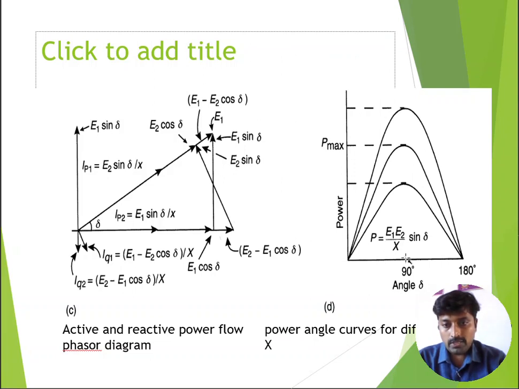If the delta value is 90 degrees, the active power increases to the maximum value. Once the delta value is 180 degrees, the active power comes to 0. So if you change the impedance value, that is nothing but the reactance value X, if you decrease the X value, the maximum capacity will increase. Again if you decrease it, automatically the maximum power will be increased. This is represented here.